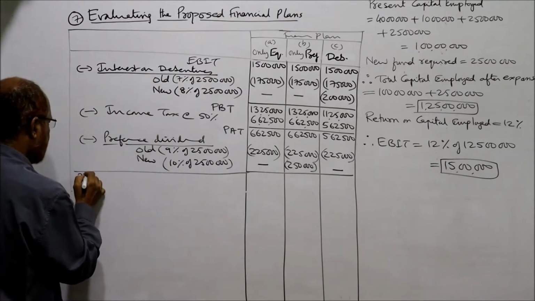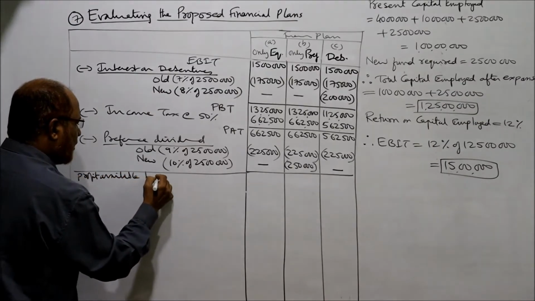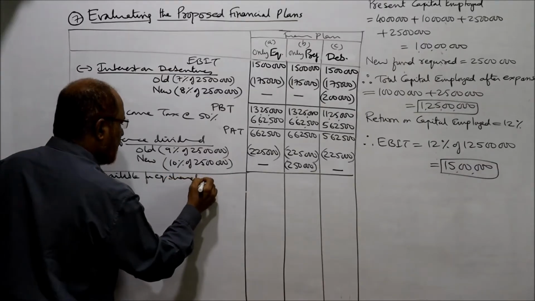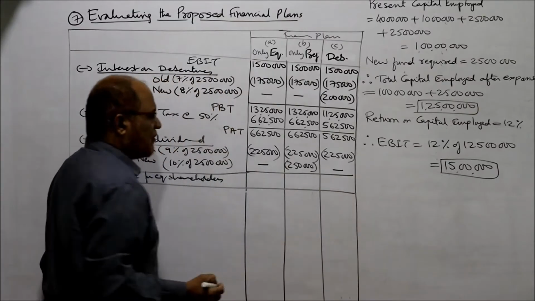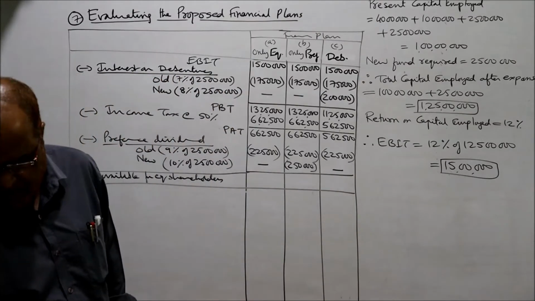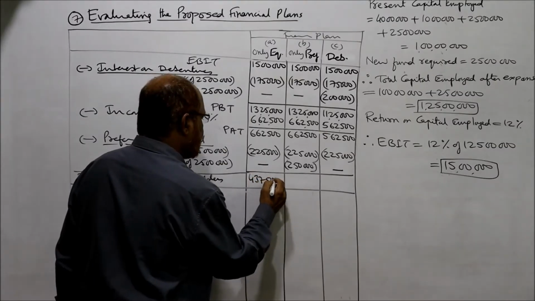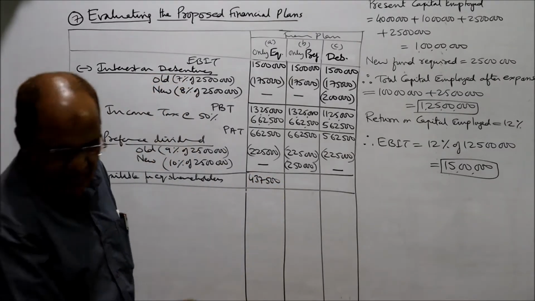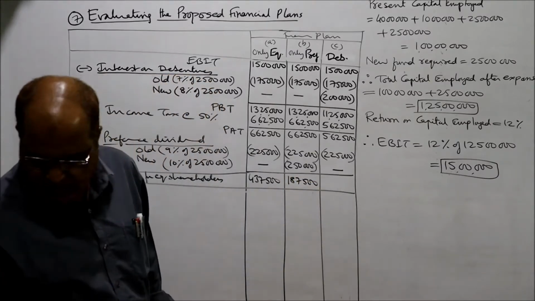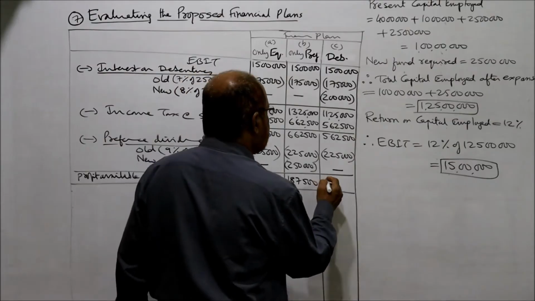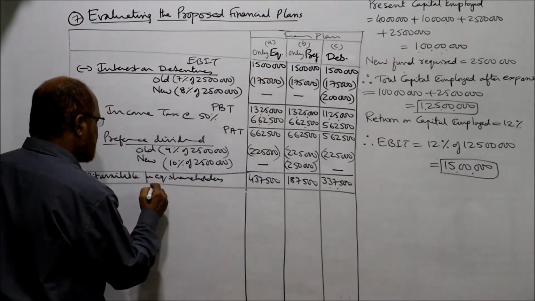You will get the profit available for equity shareholders. It is 437,500, then 187,500, then the last one is 337,500. This is the profit available for equity shareholders.